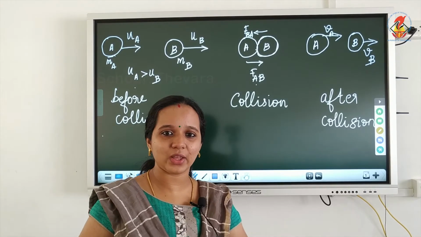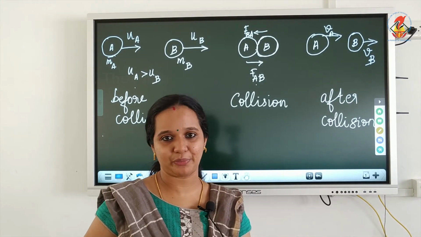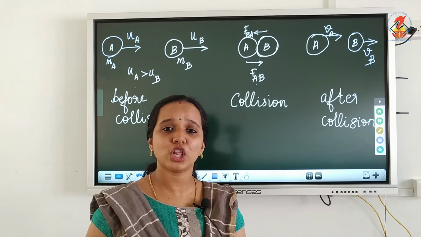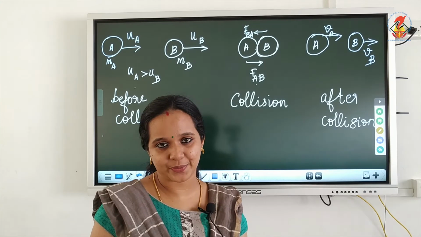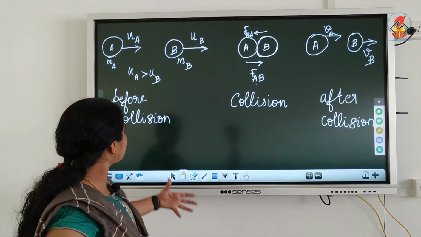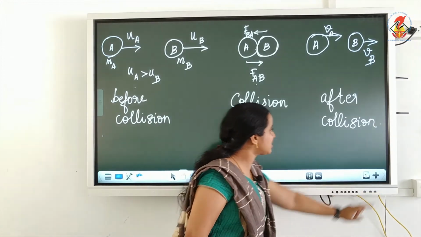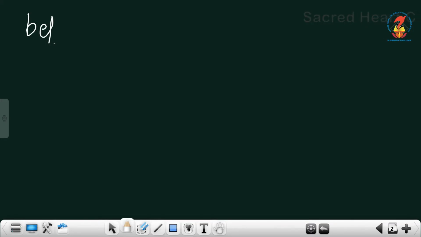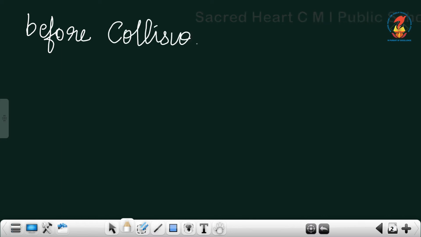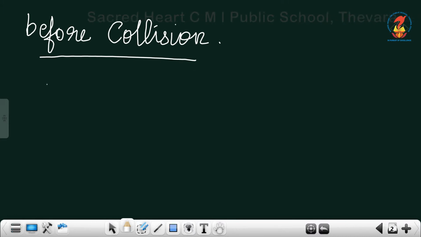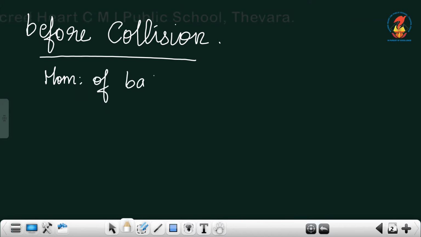Now, we are interested in momentum. We are going to state or derive the law of conservation of momentum. Let us see what the momentum of this system is before collision. So, now let us see the case before collision. Before collision, let us see what the momentum of ball A is.